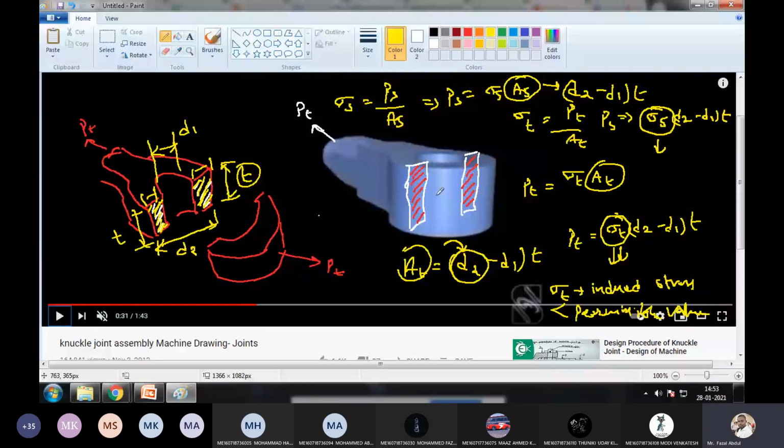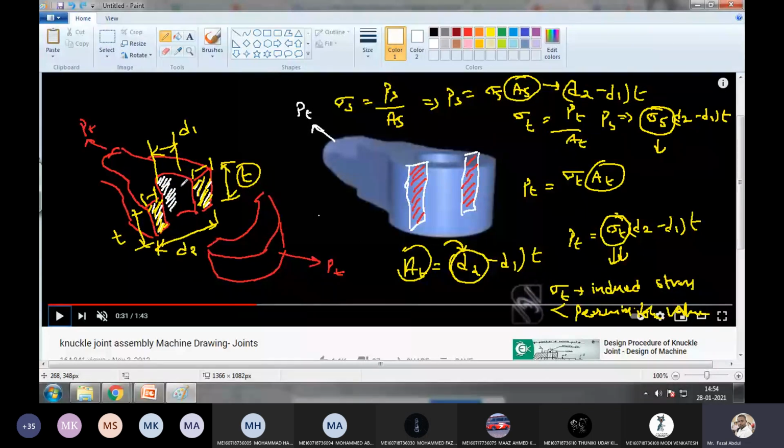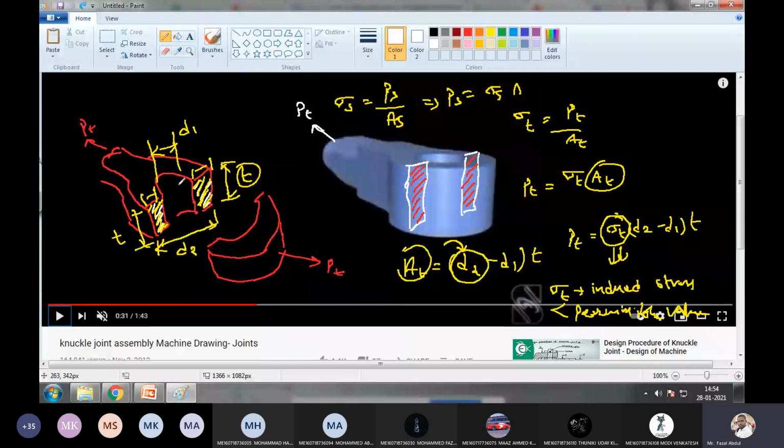Now see here, if it is subjected to crushing, in this particular region it is going to be subjected to crushing. This hashed portion only we have to consider, not this one.